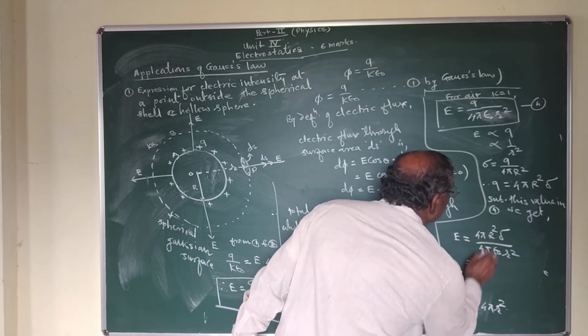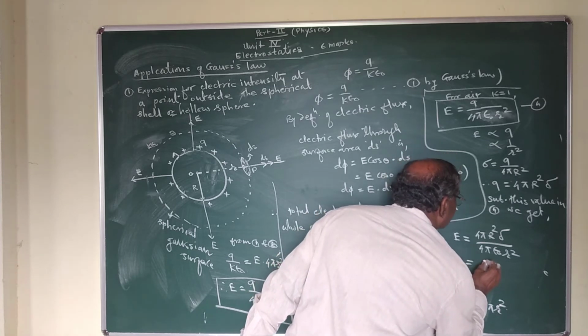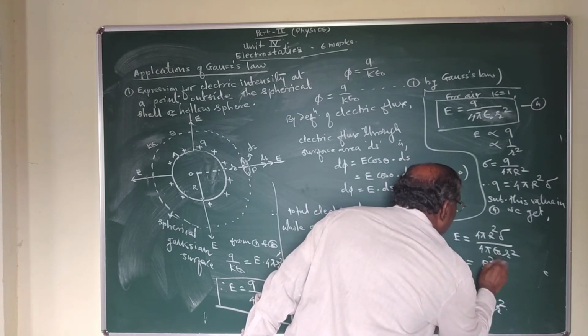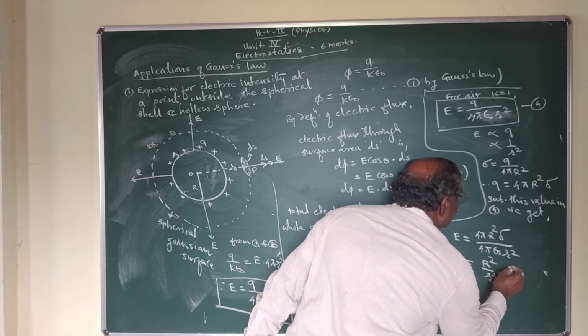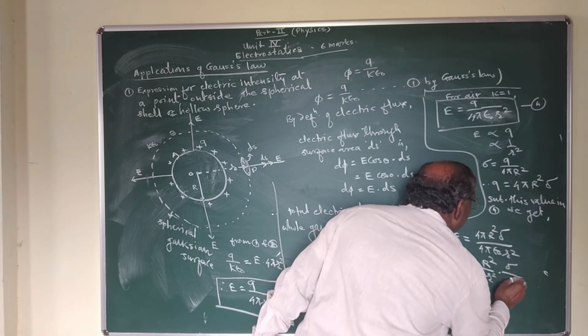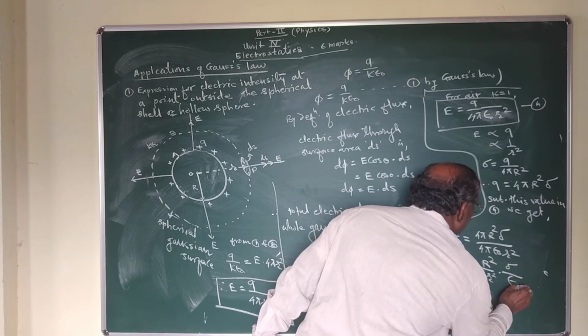We cancel 4 pi and r square, so that E is equal to sigma upon epsilon 0.